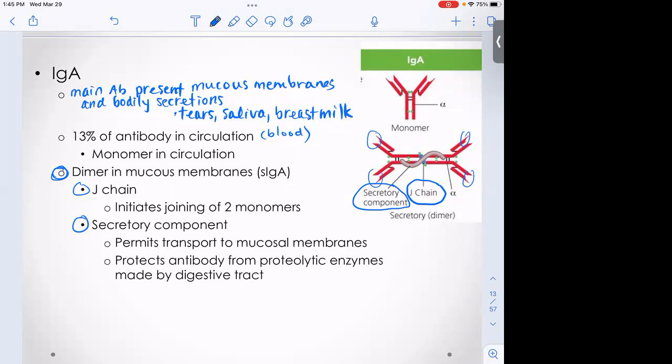And that's especially important because if infants are going to reap any benefit from those IgA antibodies in their breast milk, we want the antibody to survive digestion in the infants' digestive system as well. So that secretory component protects it a little bit and makes it longer acting.